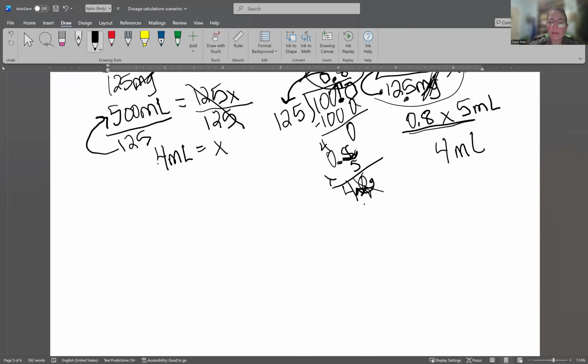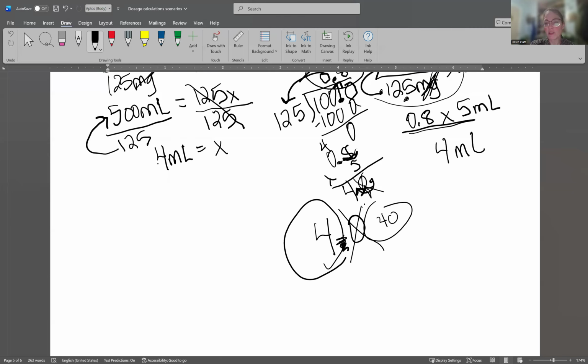So, for instance, if I were to put 4.0, and we did not see the decimal point, it would look like 40, and you'd kill your patient. So we never put the trailing 0, and we just put the 4, because that has to do with patient safety.